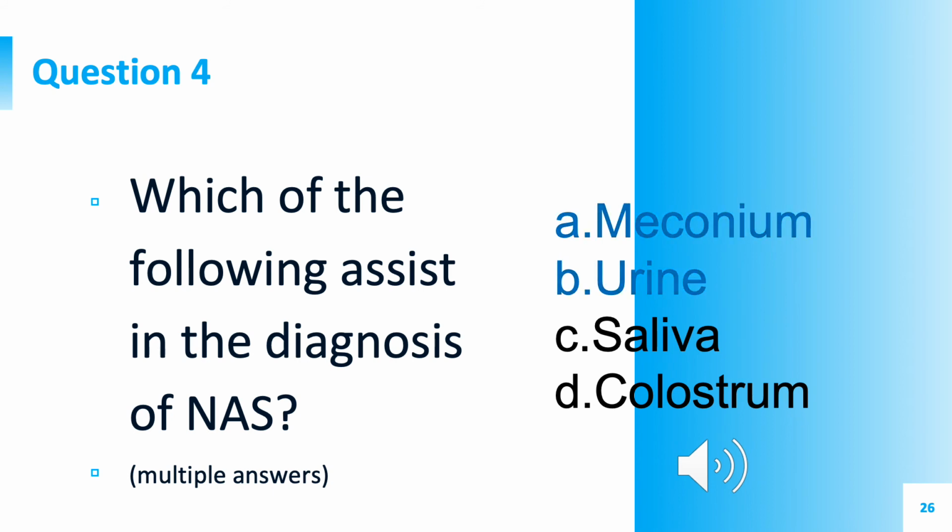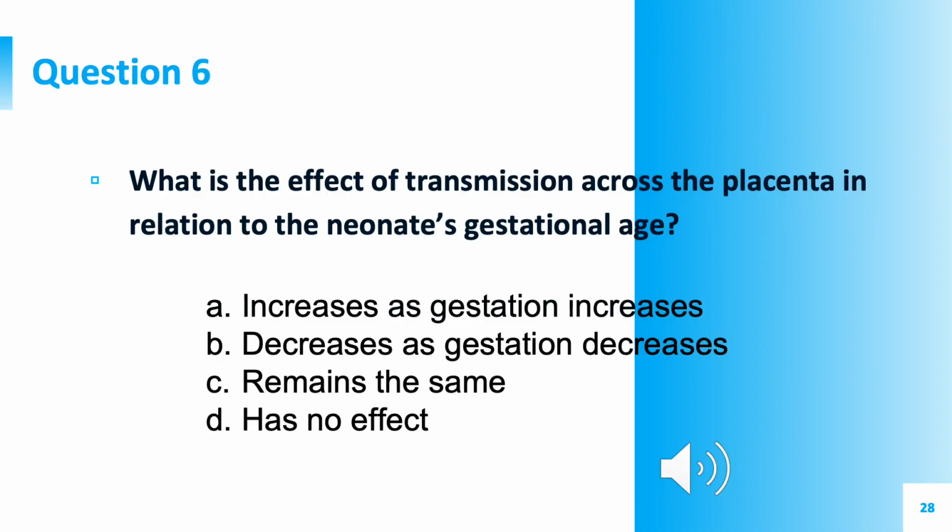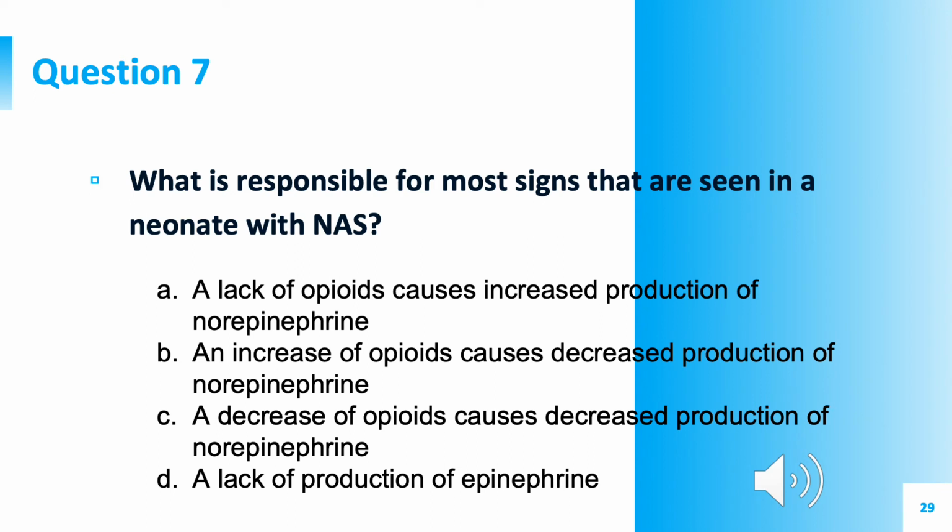Question 4, A, meconium, and B, urine. Question 5, C, morphine. Question 6, A, increases as gestation increases. Question 7, B, an increase of opiates causes decreased production of norepinephrine.